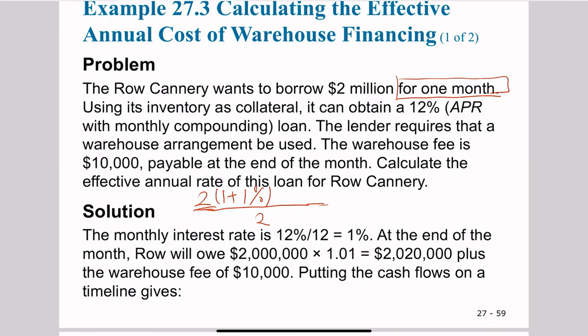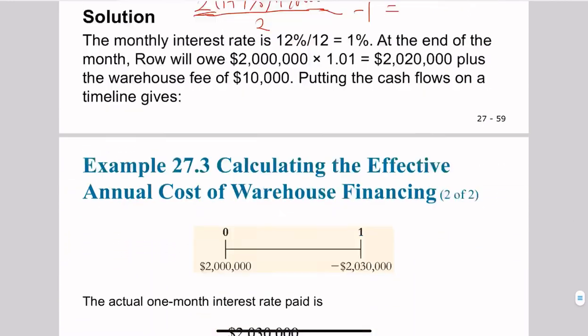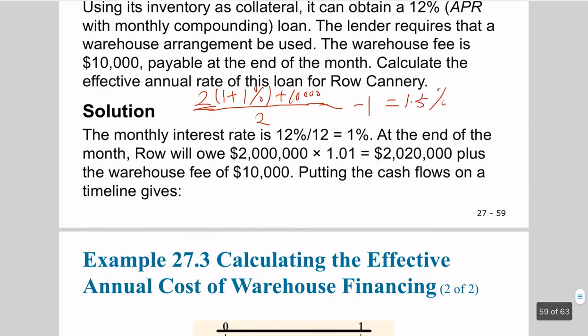So per month interest rate would be 1%. And then the firm also needs to pay the warehouse fee, which is $10,000, right? So this should give us, let's see, what do we get here? This gives us an interest rate of 1.5%.